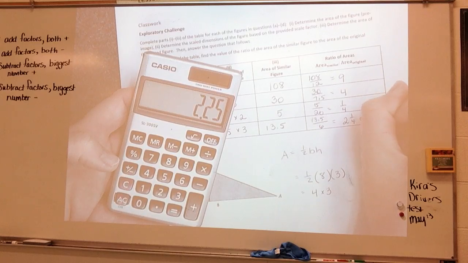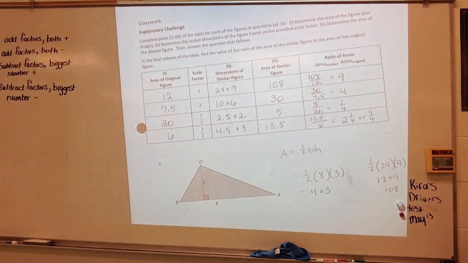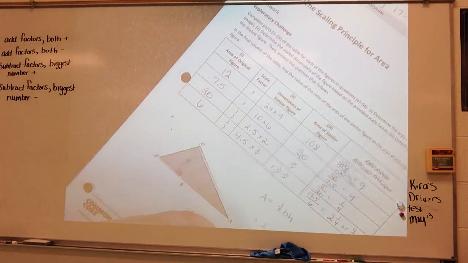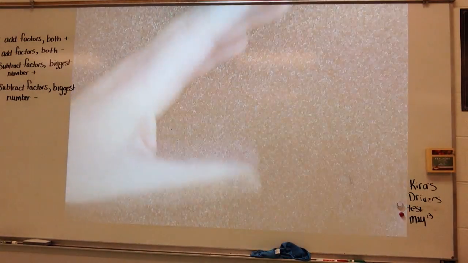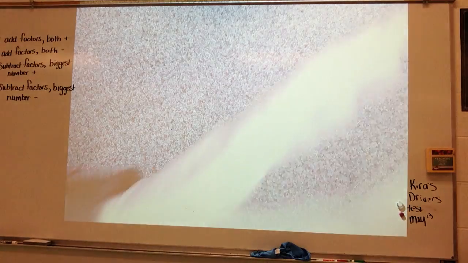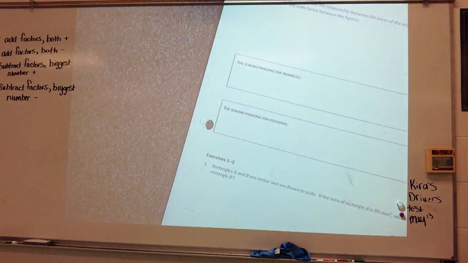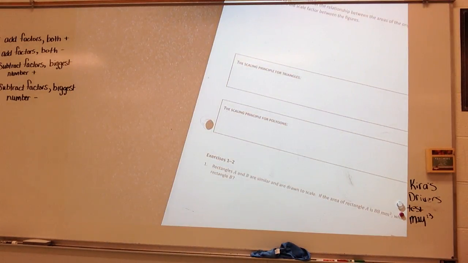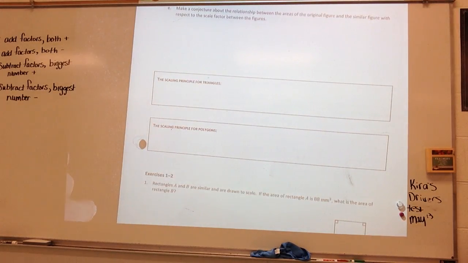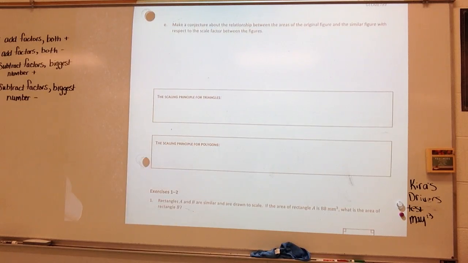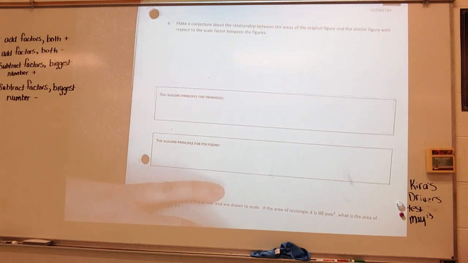Or 9/4. Alright? Alright, so looking at this, we want to look at the next question. Make a conjecture about the relationship between the areas of the original figure and the similar figure with respect to the scale factor between the figures.